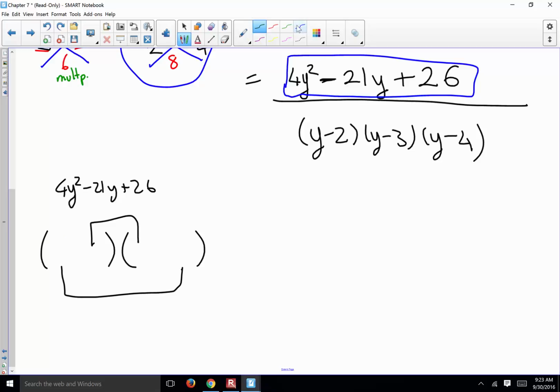How about we do 4y and 1 here, and I do 13 and 2. 13 times 2 is 26, 4y, and y is 4y squared. Is it working? If I choose positives, positive 13 and 2, this makes 13y, this makes 8y, they make positive 21y.